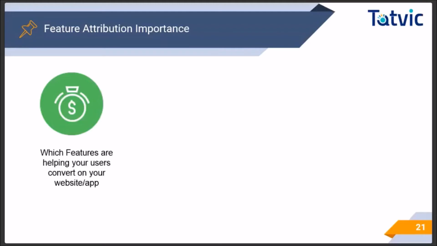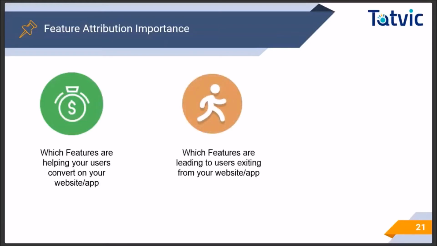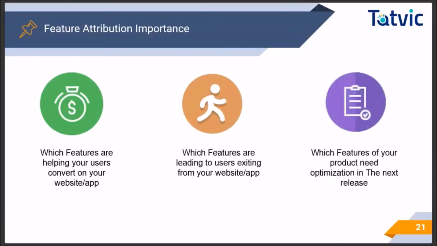So all these three things: which features are helping my users convert on my website, which features are actually leading to users exiting from my website, and which features of the product actually need optimization in the next release. So it is very important for product managers.